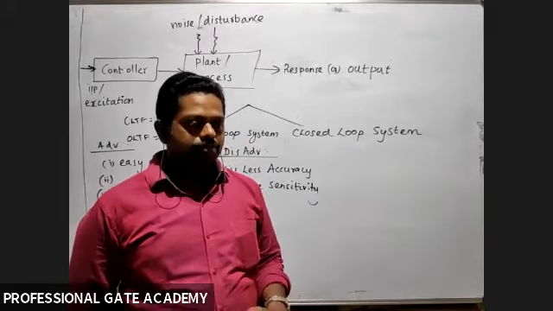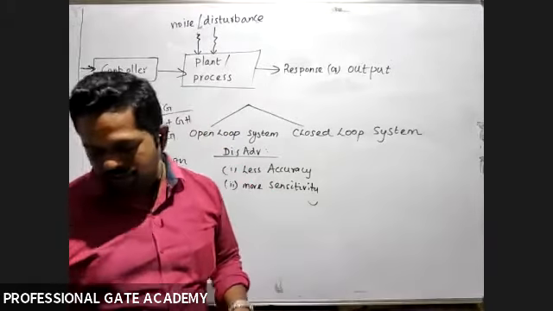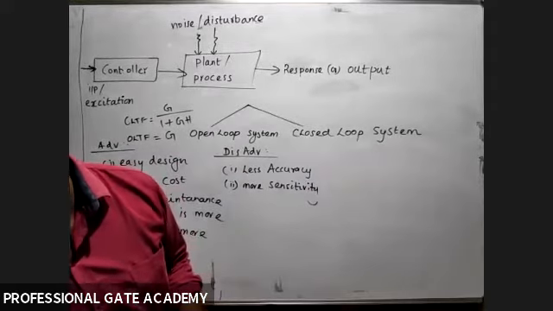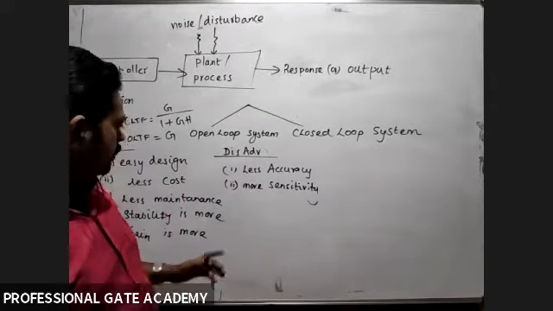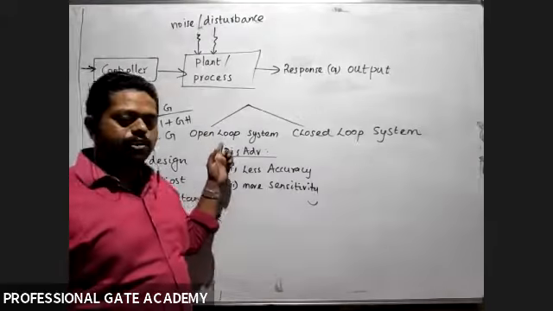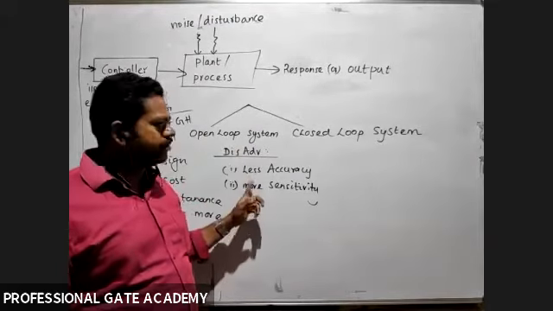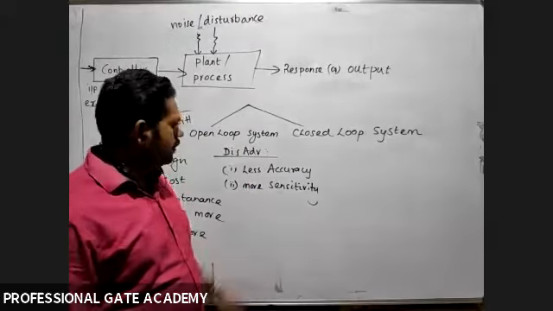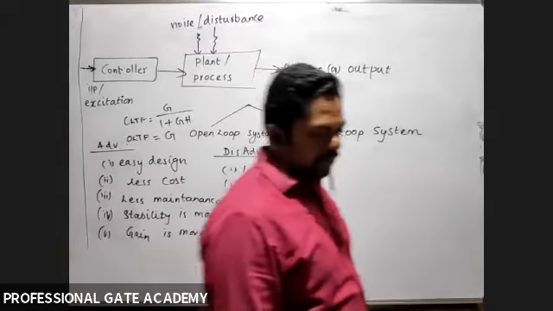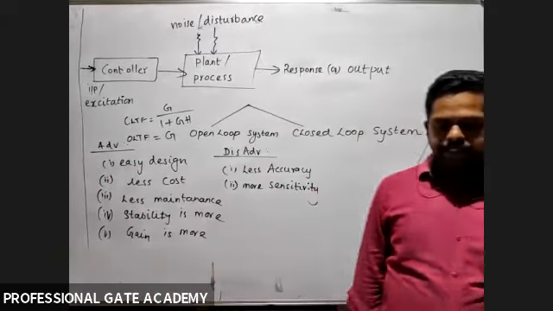So practically, a control system should have less sensitivity, but the disadvantage of an open loop system is that it has more sensitivity. Okay, now take the next heading, closed loop system.